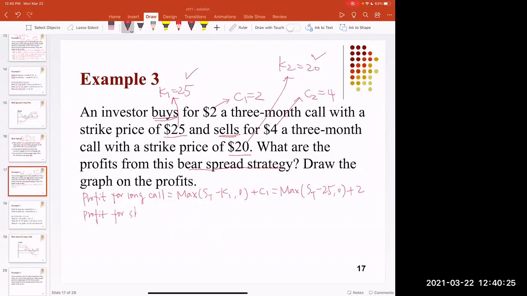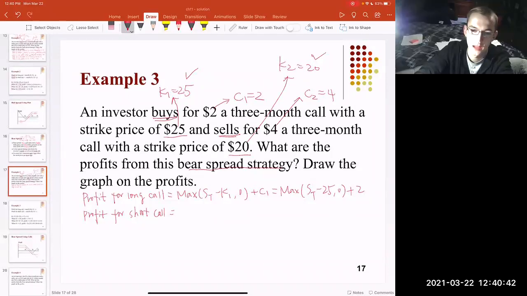Let me ask a student, can you figure out what the profit for the short call is? Would it be the negative max of ST minus 25 and 0, minus 2?